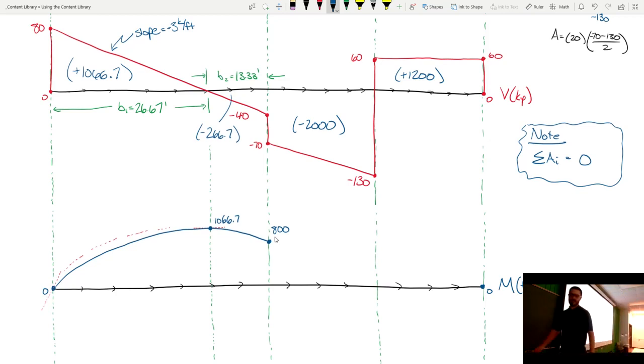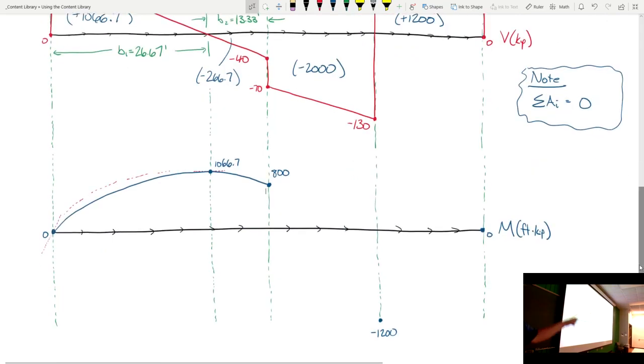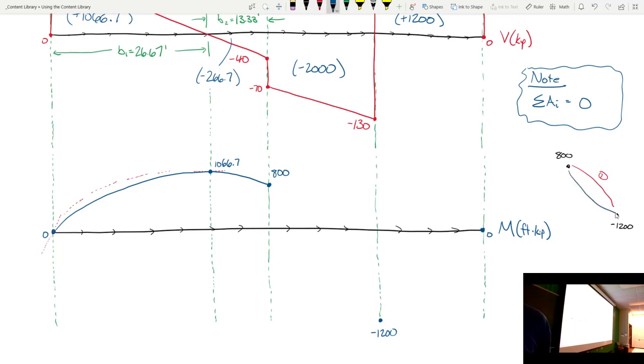So if that's the case, help me out with this region right here. We've got 800 and we've got negative 1200. We've got option 1 that goes like this, and option 2 that looks like that. Which is it?